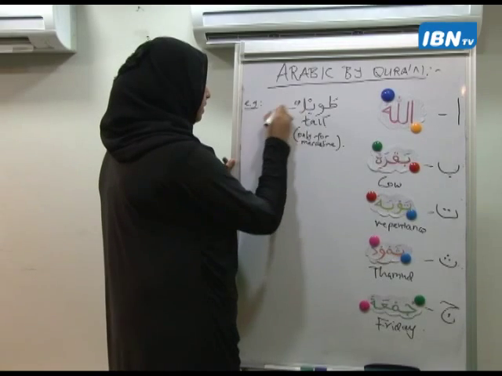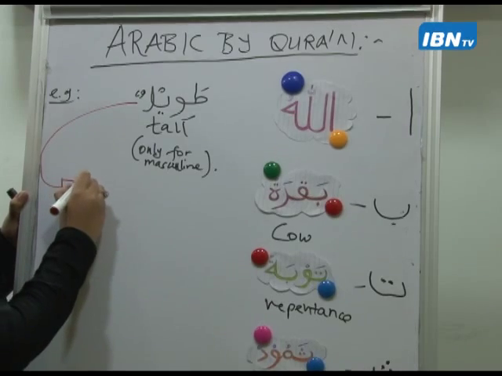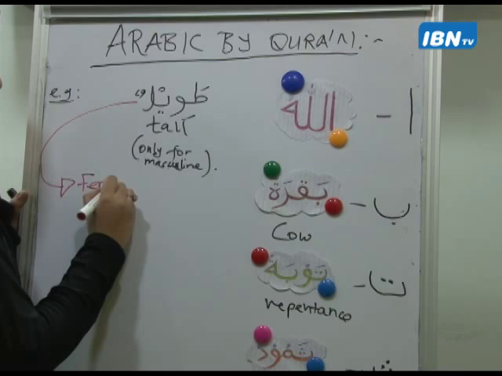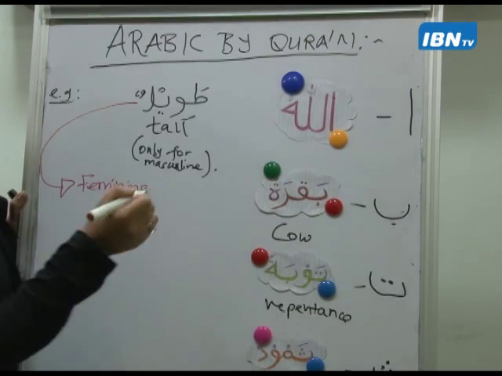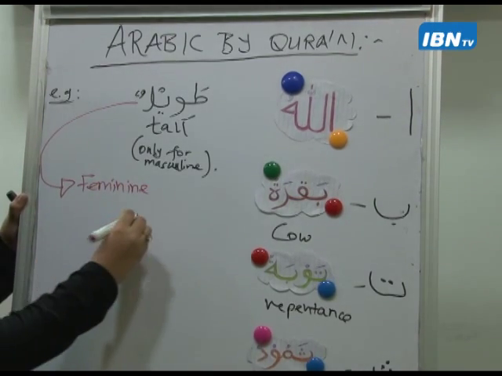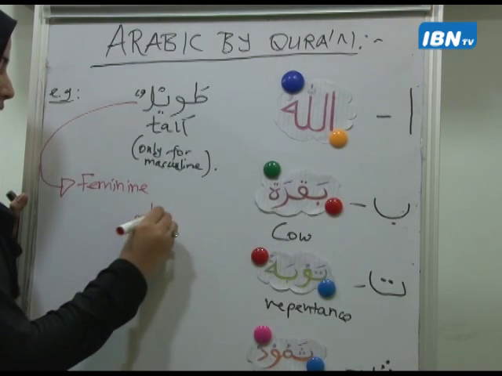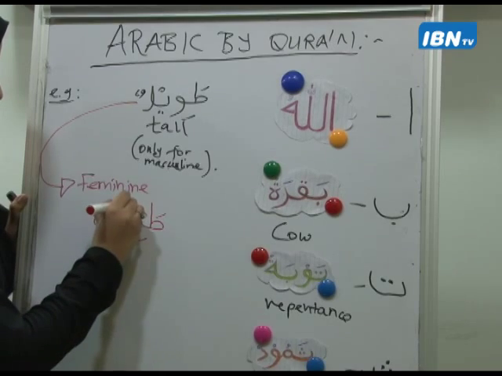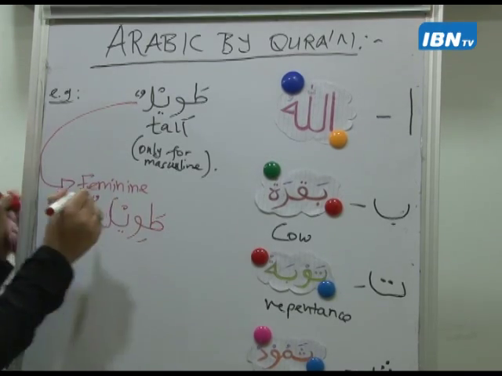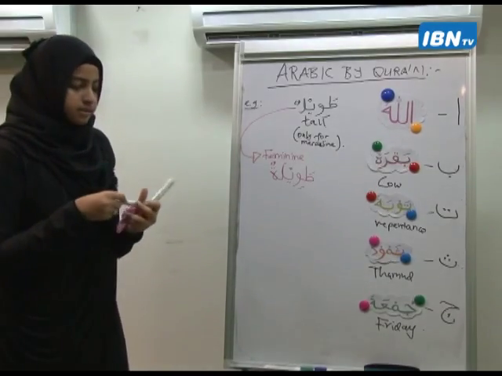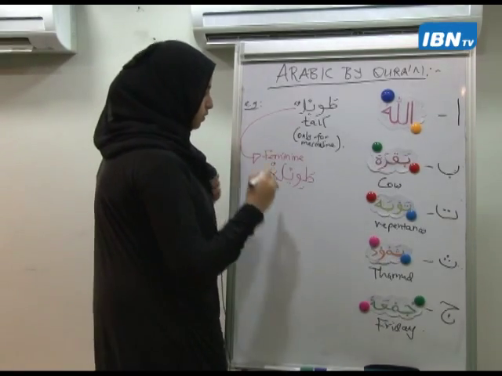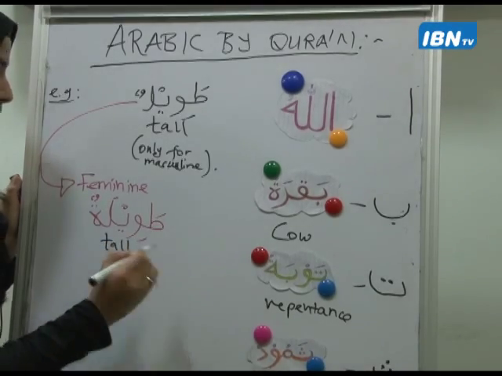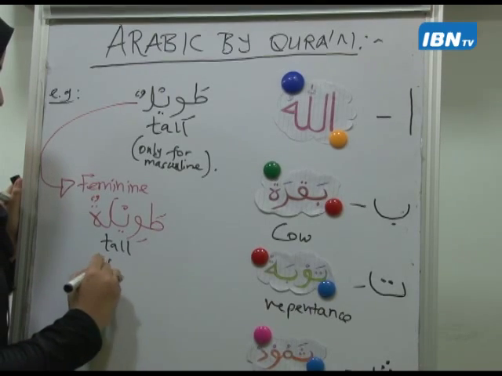So if I want to convert this here into feminine, I'm going to add simply a ta marbuta. So it will be tawilatun. Right. So this means tall, but for feminine.